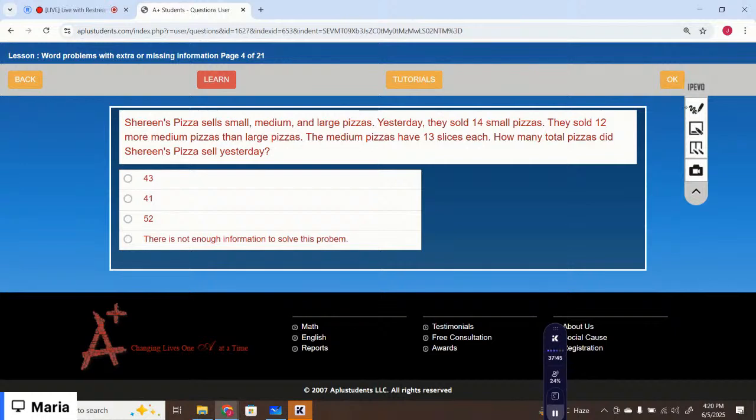There is not enough information to solve the problem. Option number 4 is the correct option.